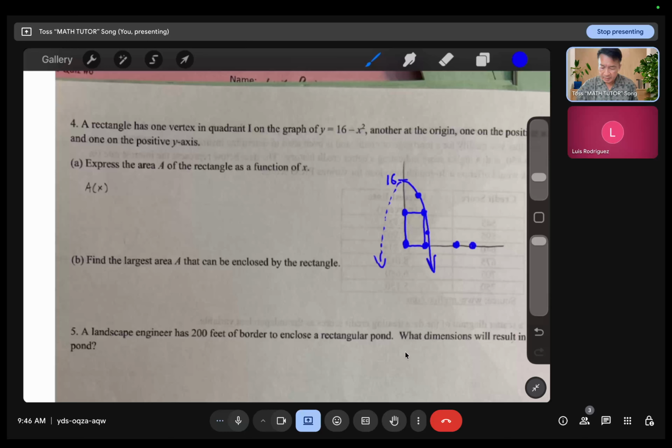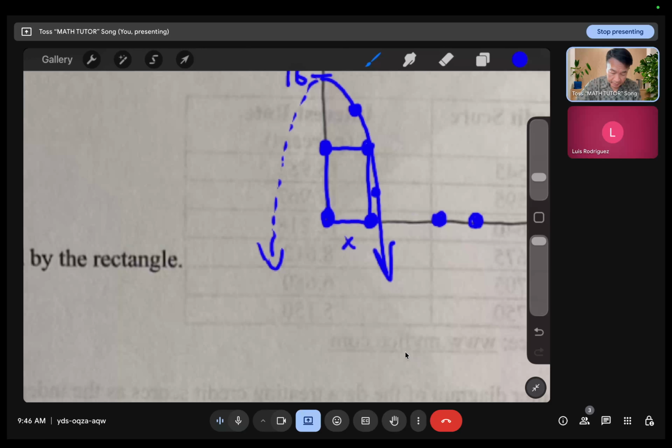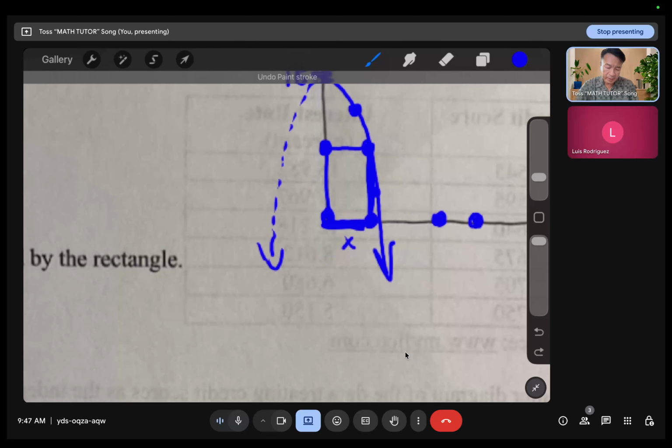So express the area of the rectangle as a function of x. This side will be x, and the y you will be using will be pretty much this curve right here. You don't care about the other side because it's automatically the same y on the y-axis.